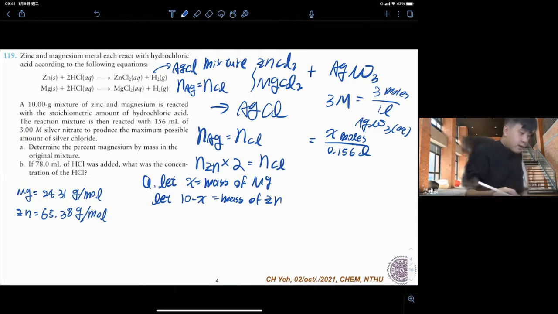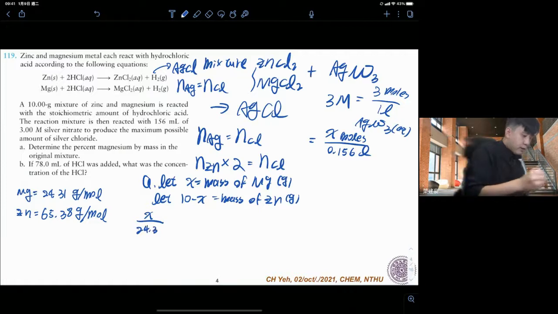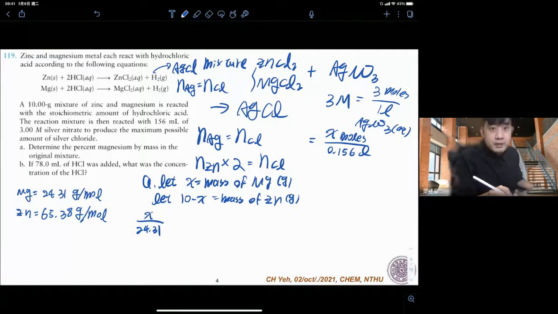Okay, so we all use gram as the weight. X divided by 24.31 is the moles of magnesium.